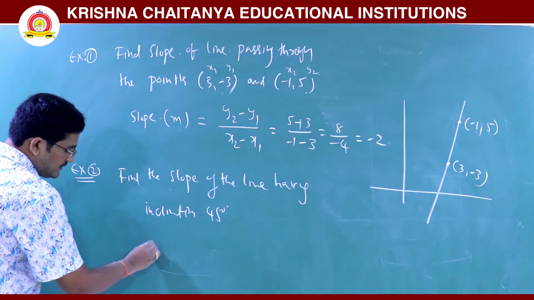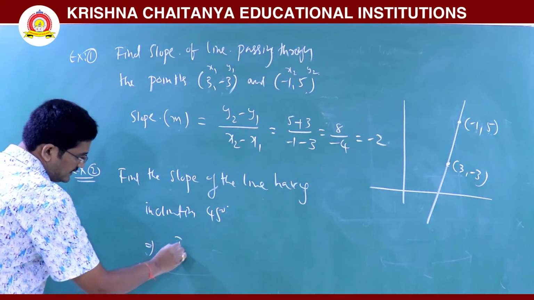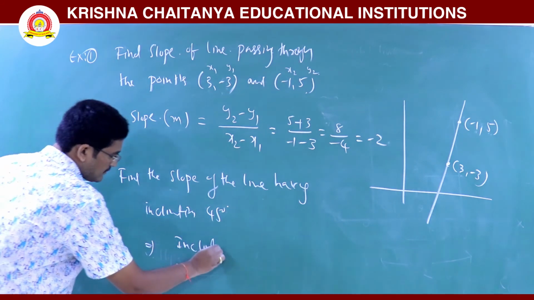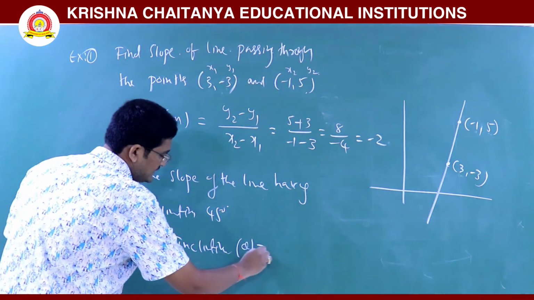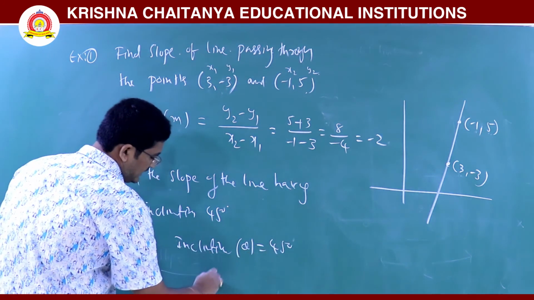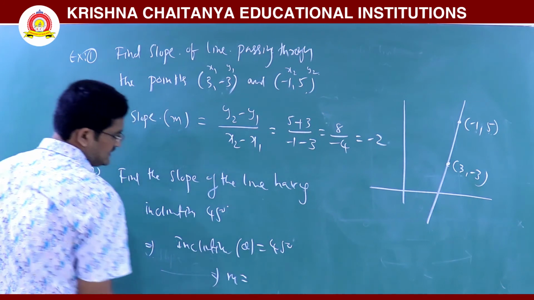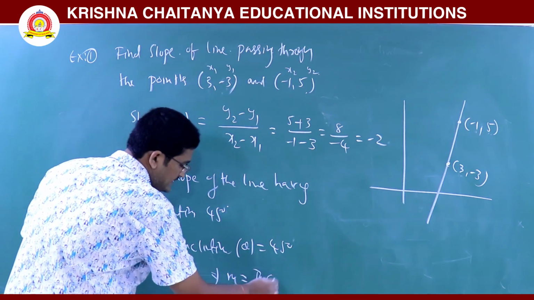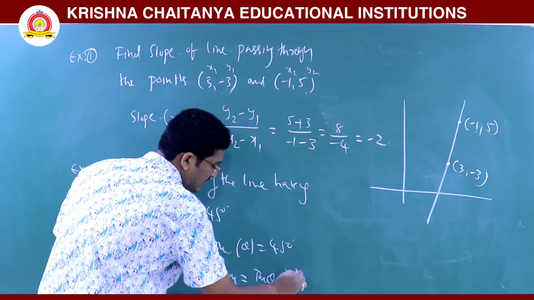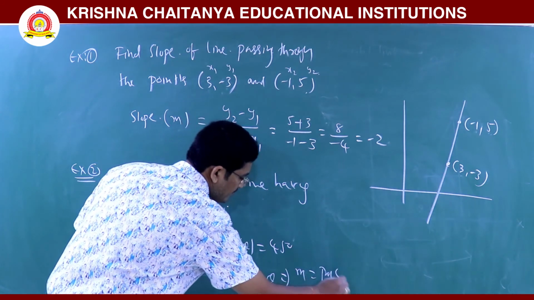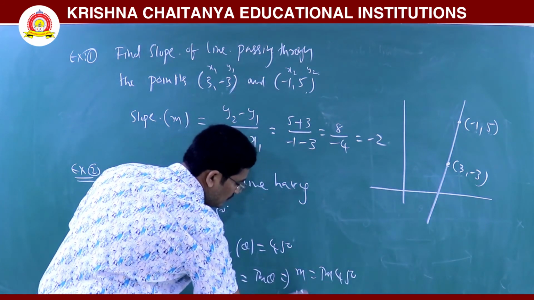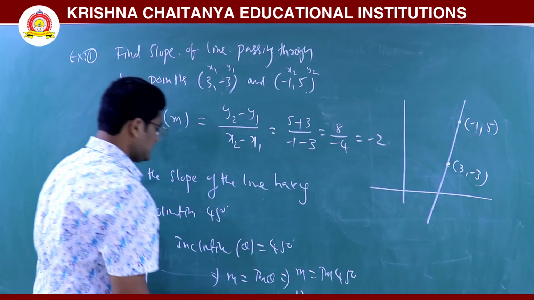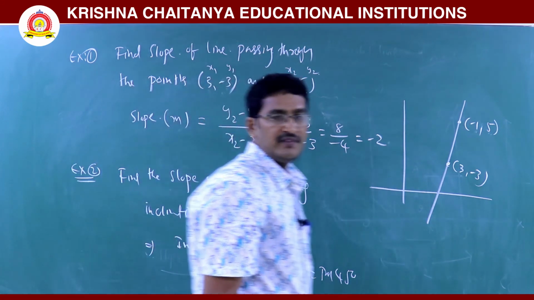So here inclination theta is given as 45. Automatically the slope of the line m is equal to tan theta, that means m is equal to tan 45, which is equal to 1. So if the inclination of the line is 45 degrees, then the slope of that line is 1.